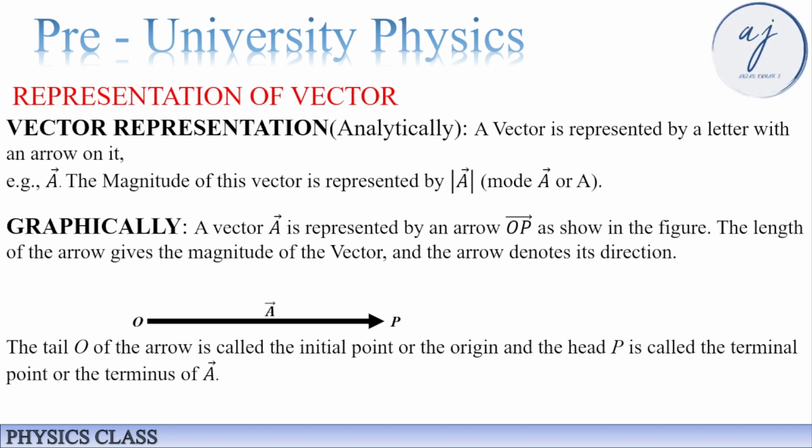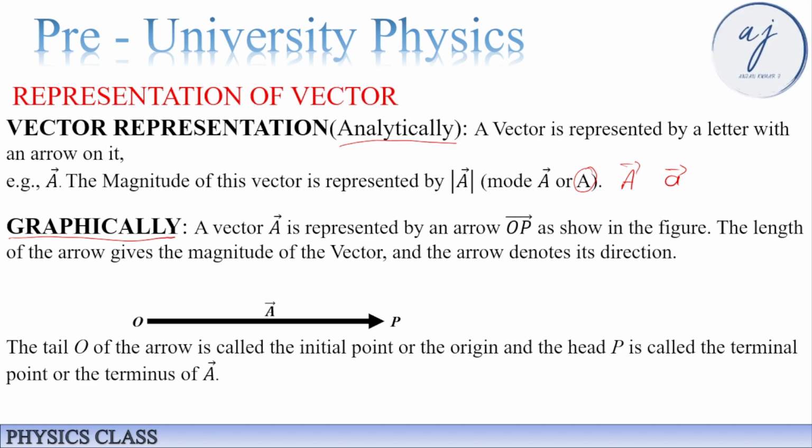Let us move on to the representation of vectors, where we can represent vectors in two ways: analytically and graphically. Analytically, any letter, any alphabet, does not have to be a capital one or a big one. It can be a small one as well.